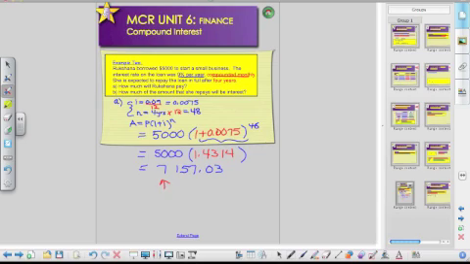So this is the amount that Rukshana must repay after 4 years.